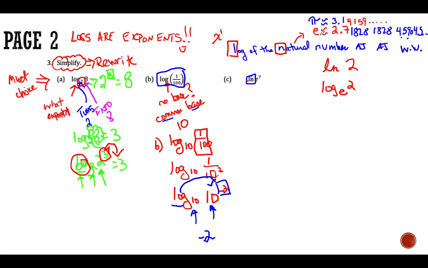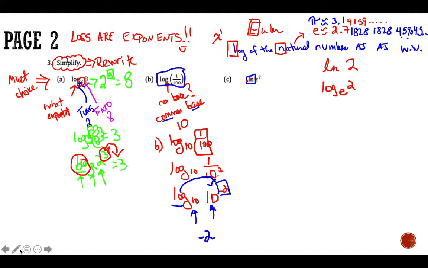And E was another number that occurred naturally in mathematics. It hasn't occurred naturally to you yet, but guess when it will? When you take calculus. He decided to name it after himself. Leonhard Euler, his last name starts with an E. So that's how it got the name the natural number. He didn't discover E, but he came up with a lot of our notation.